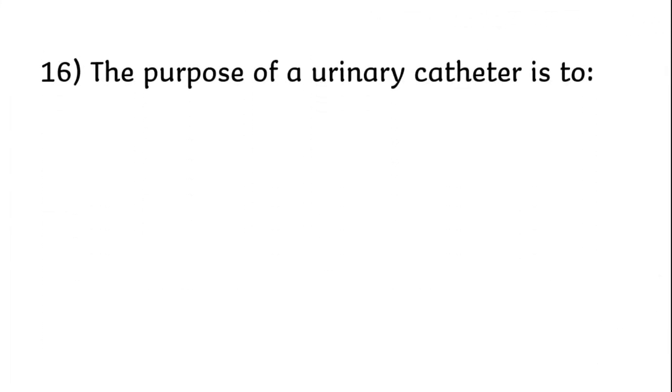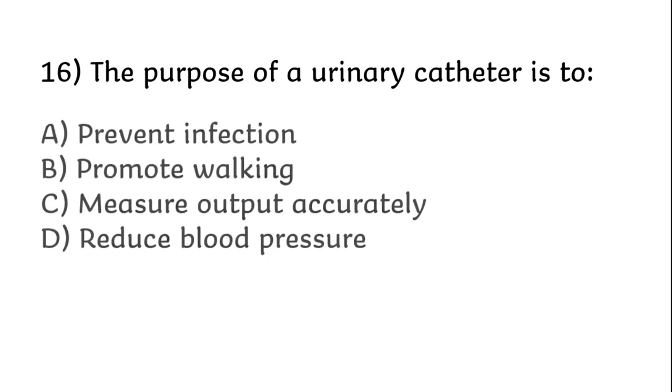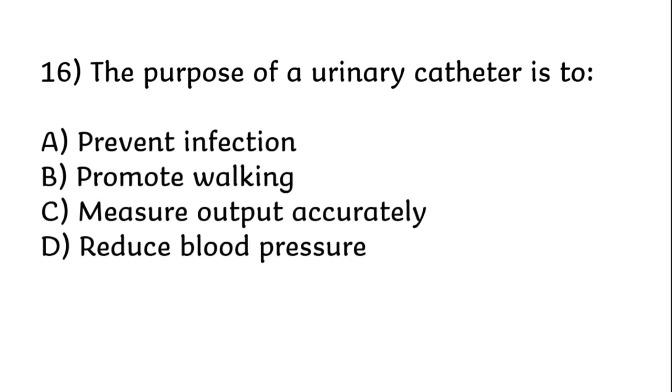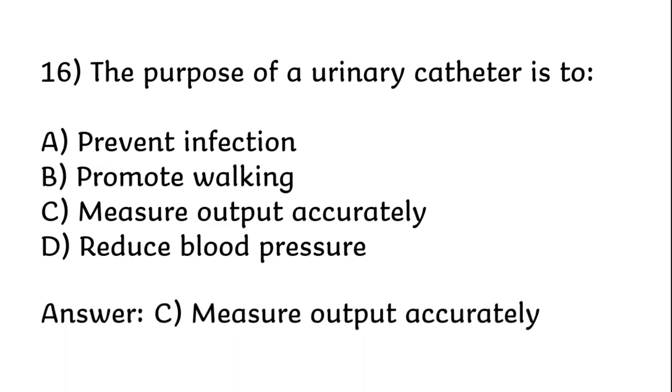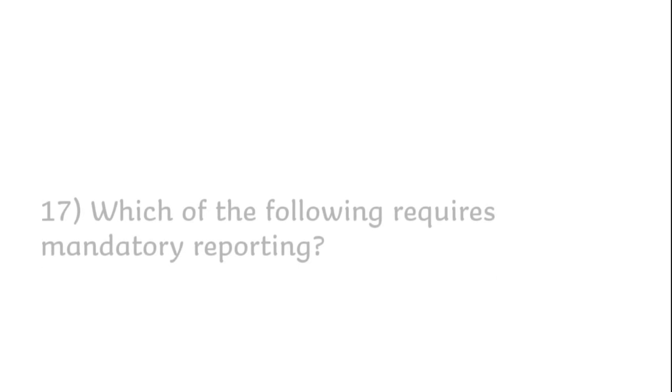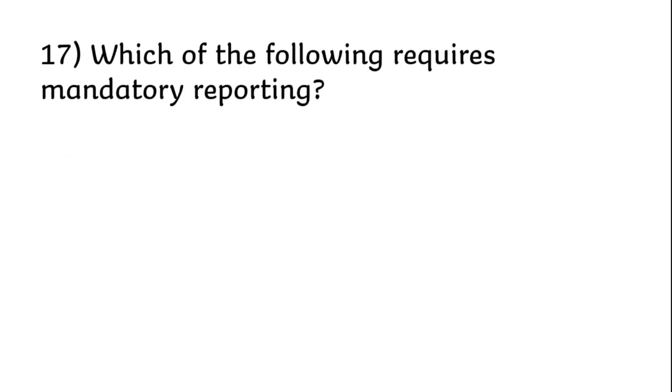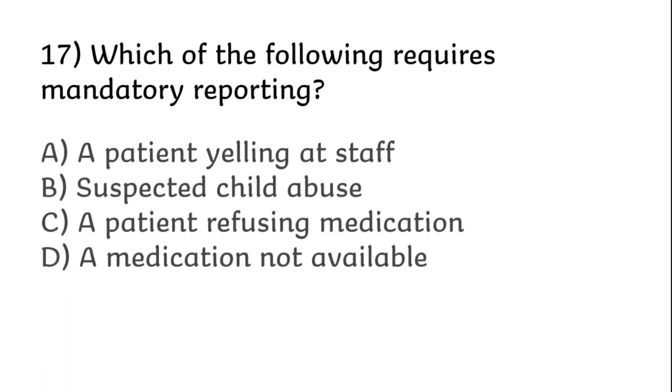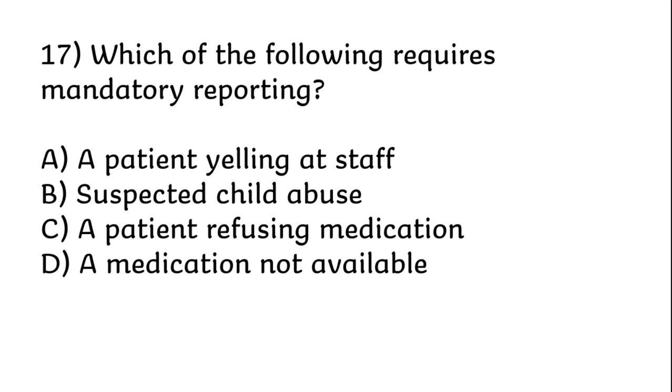The purpose of a urinary catheter is to prevent infection, promote walking, measure output accurately, reduce blood pressure. Correct answer is option C, measure output accurately. Which of the following requires mandatory reporting? A patient yelling at staff, suspected child abuse, a patient refusing medication, a medication not available.